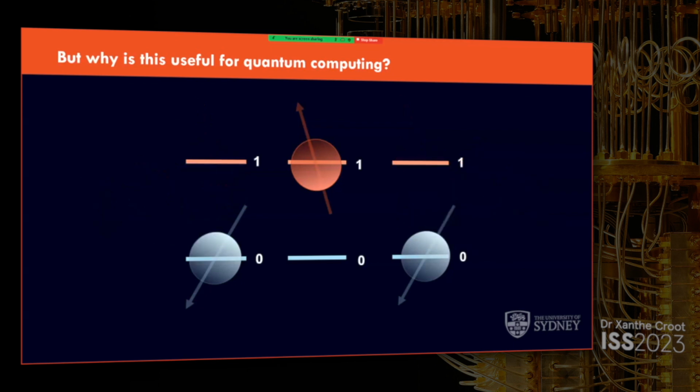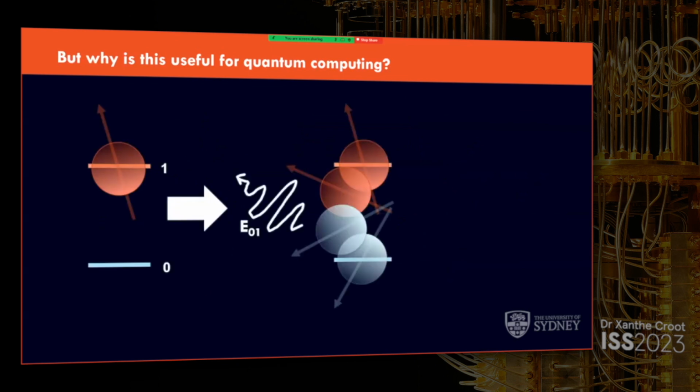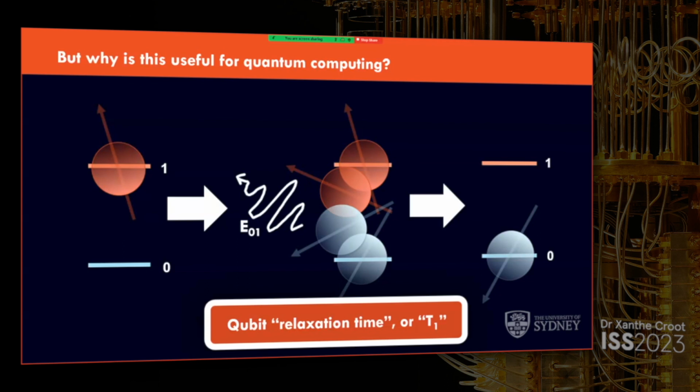And then we're in a 010 state, when we really wanted to be in a 111 state. The time frame on which that occurs, a 1 relaxing via the emission of some of its energy to a 0 state, is something that we call the qubit relaxation time, or the T1.